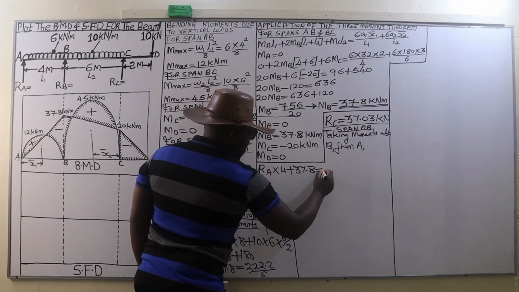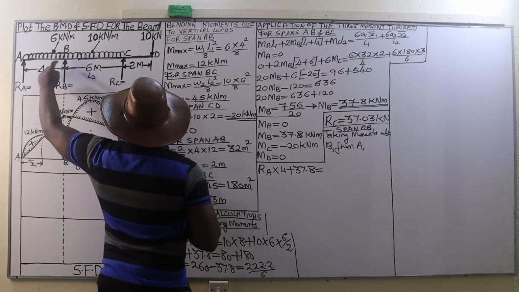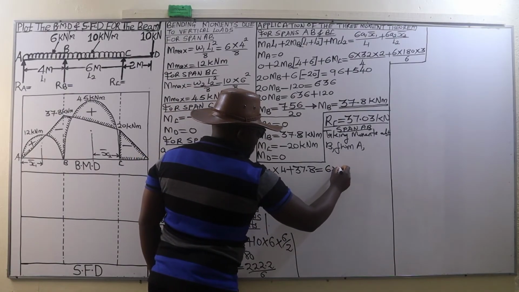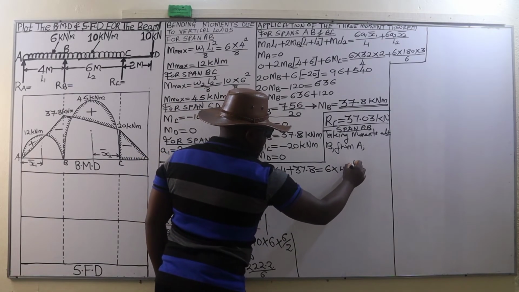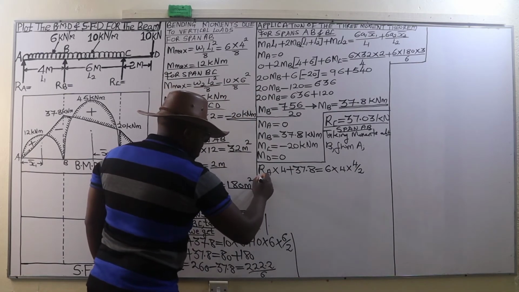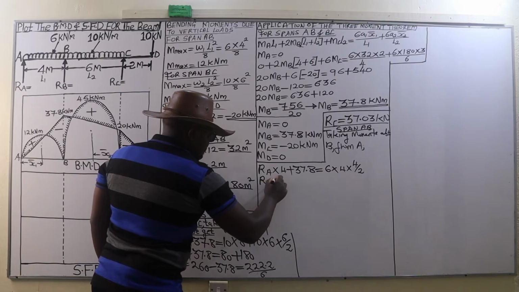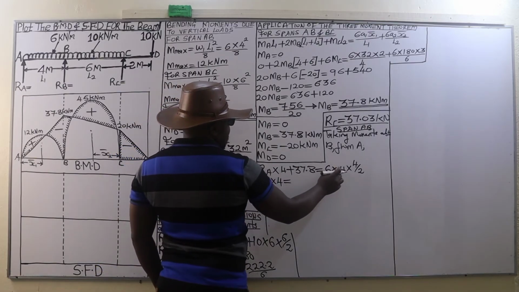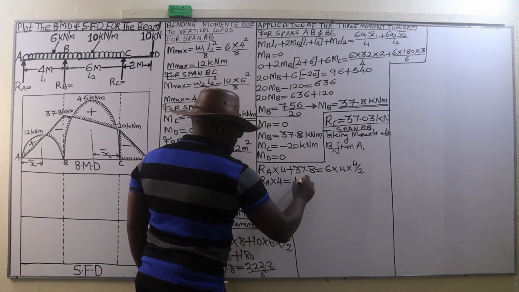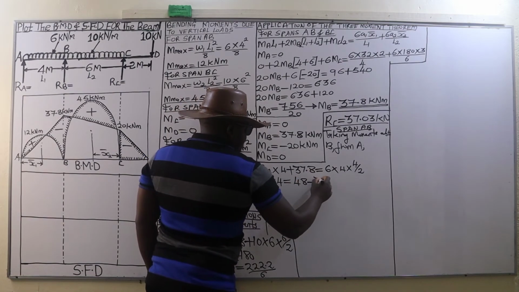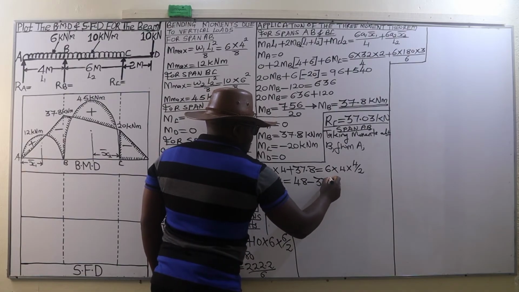kilonewton meter, being equal to, between AB we have a UDL of 6 kilonewtons per meter, multiplied by the span over which it is distributed, times half of that span. So this is going to give us RA times 4 being equal to 48 minus 37.8.